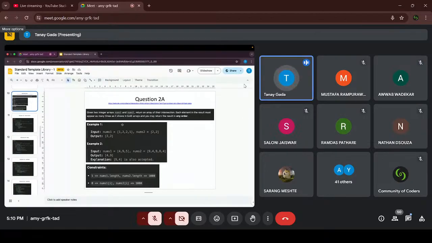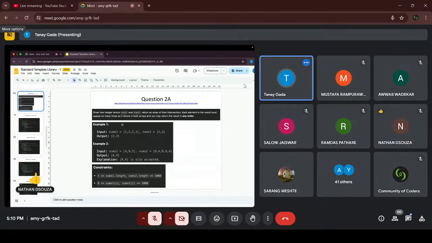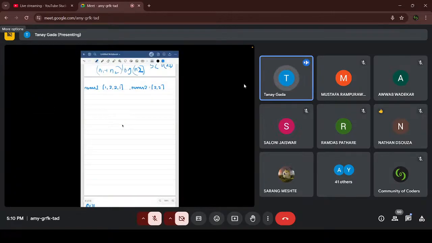So let's see the two pointer approach. Let's say we have nums1 and nums2, and they are sorted, and it's 2 comma 2. What we can do is have two pointers: one pointer at the start of the first array, and the second pointer at the start of the second array.